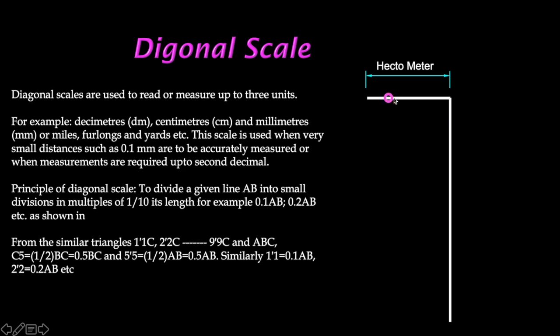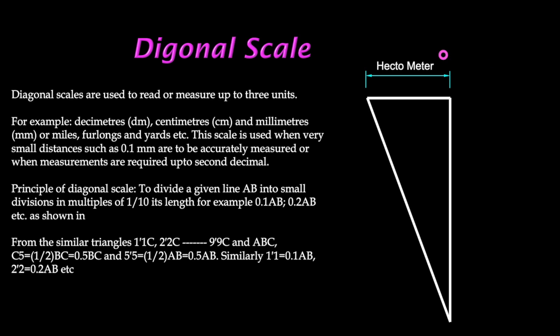But if this hectometer is a very short length, and we try to divide the line directly into 10 equal divisions, it may be very congested and we may not distinguish the difference between the segments. To avoid that complexity, we use a different method.